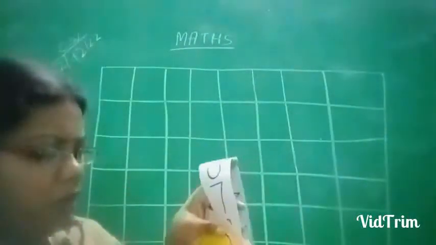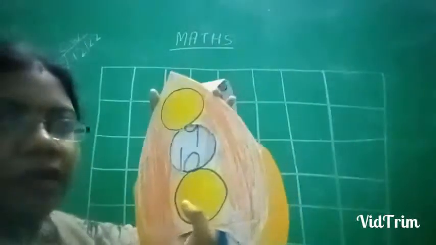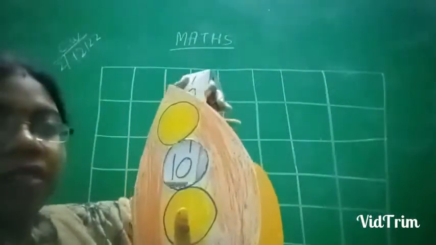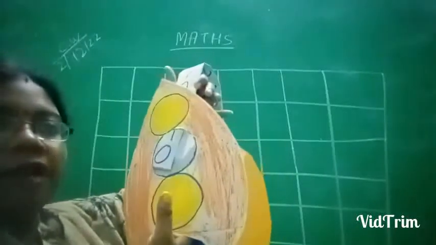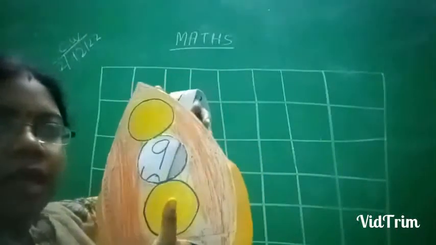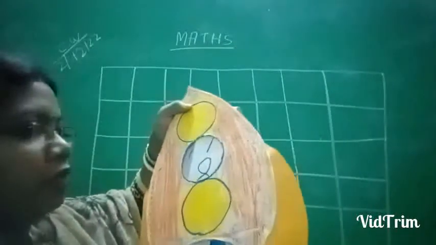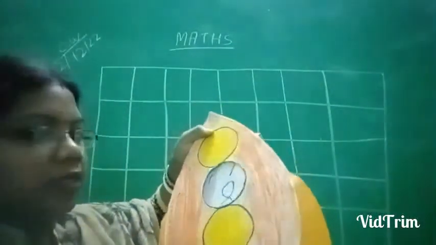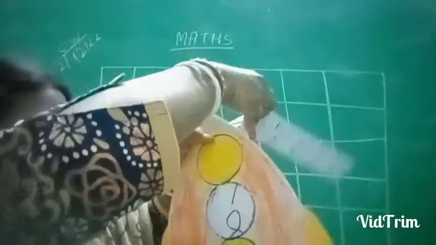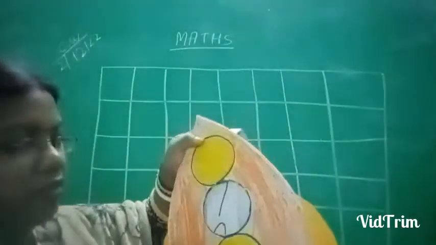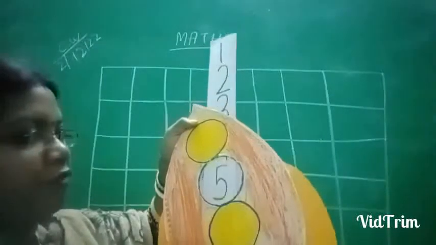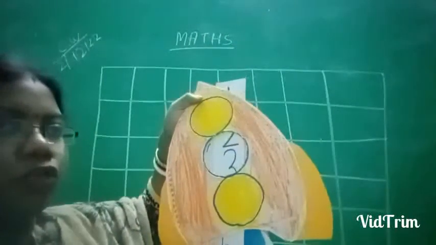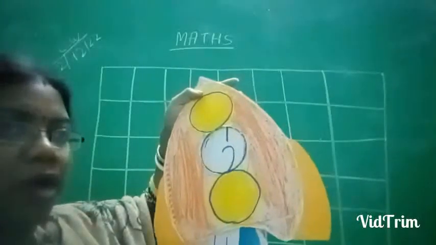See here, it is 10. Now we are coming down. 10, 9. Rocket will come down. 8, 7, 6, 5, 4, 3, 2, 1.